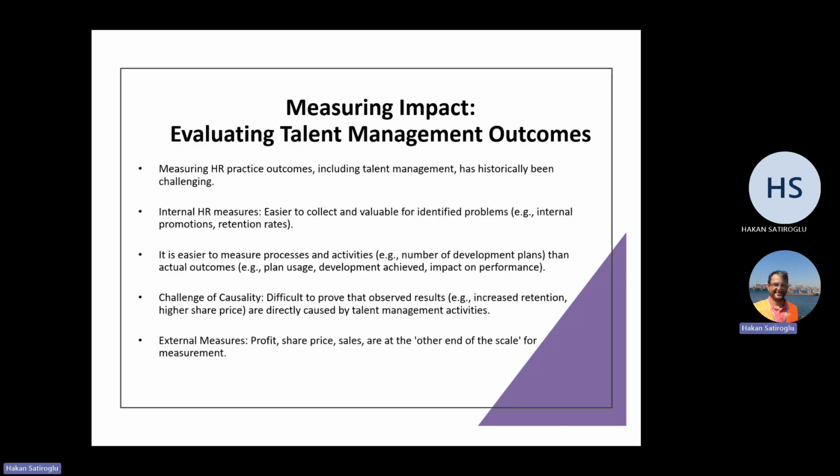So at the end, as earlier mentioned, no measurement, no management. In order to measure the impact, we need to evaluate talent management outcomes.